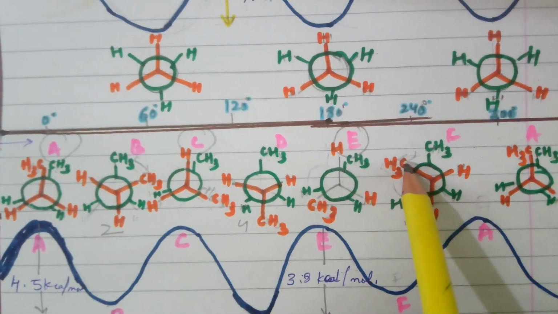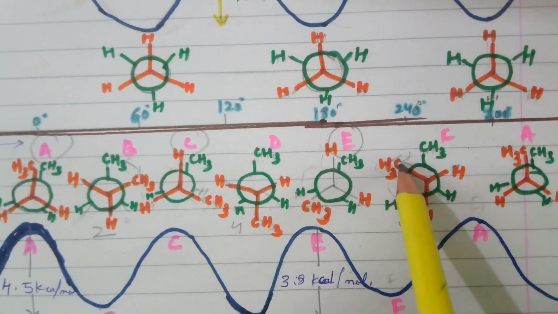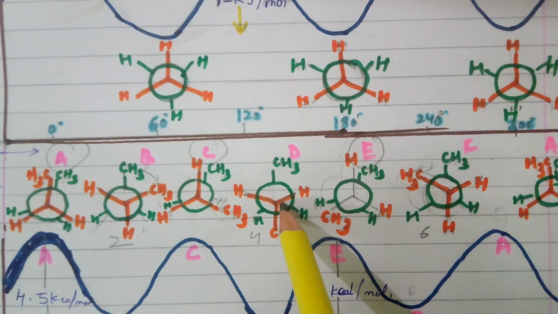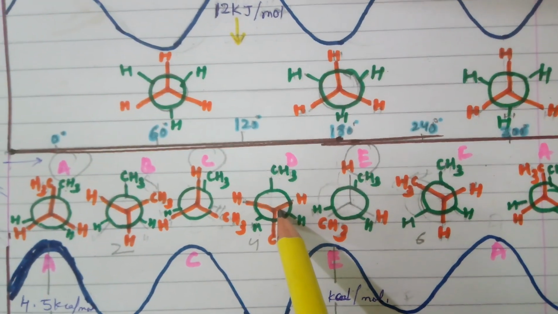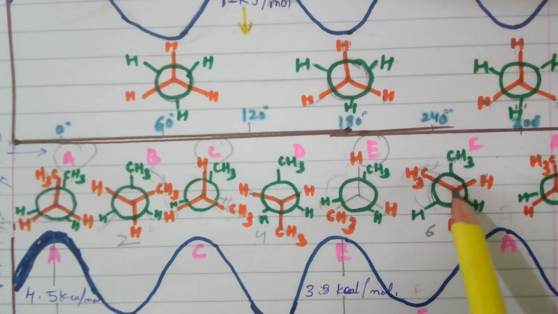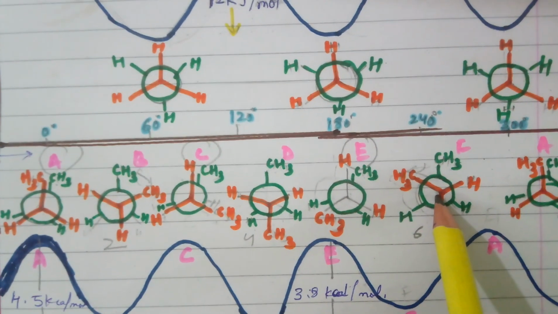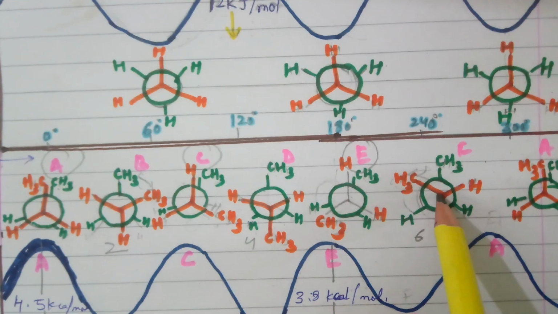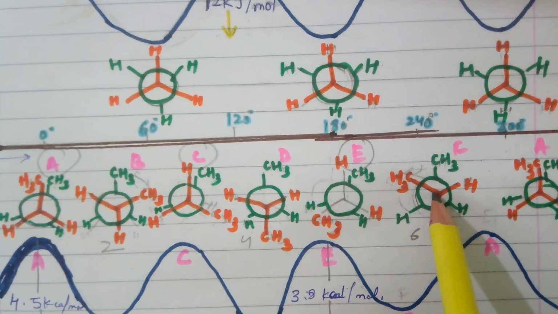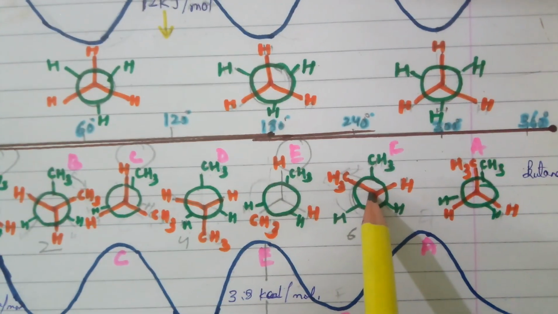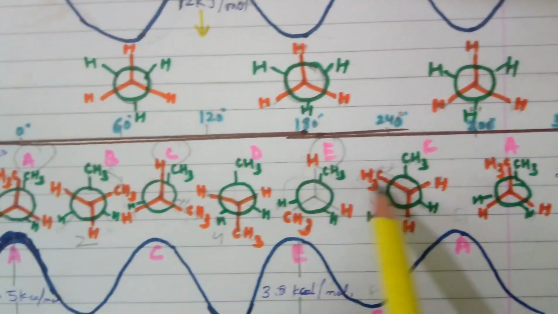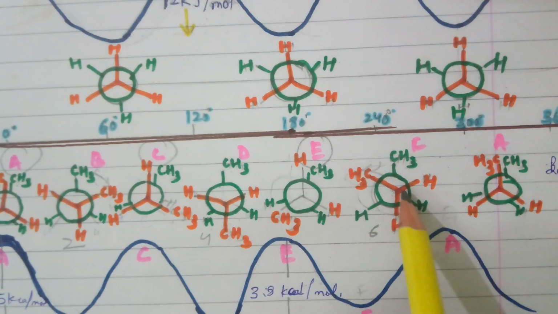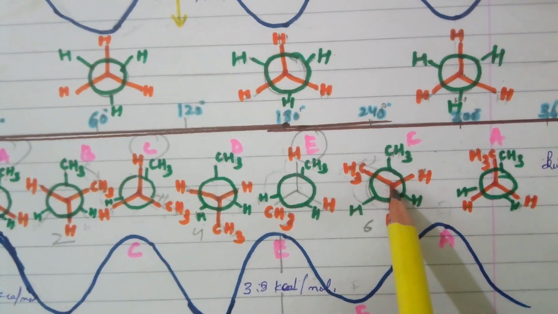The most stable staggered form, D, is called the anti conformer, and the other two staggered conformers, B and F, are called gauche conformers. In the anti conformer, larger substituents are opposite to each other, while in gauche they are adjacent. Because of this there is an energy difference, which we will discuss in detail.